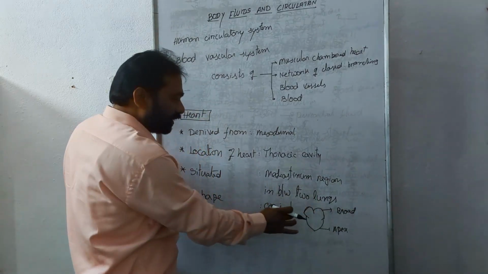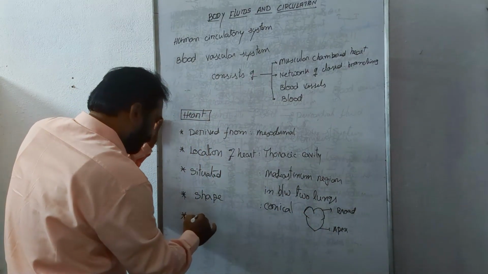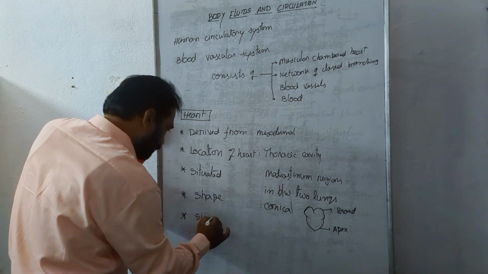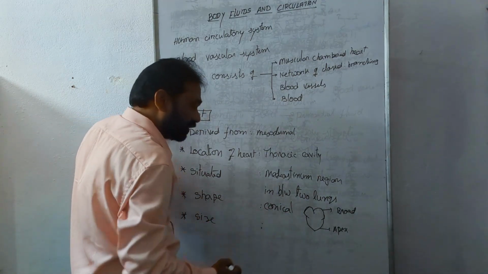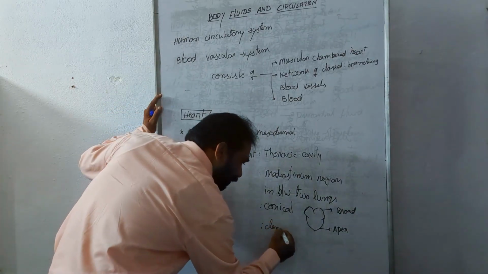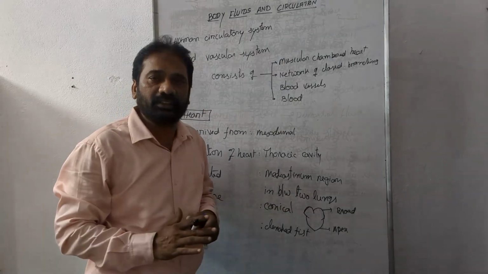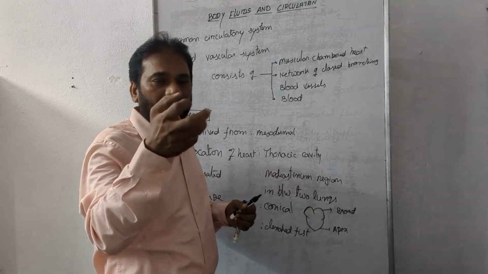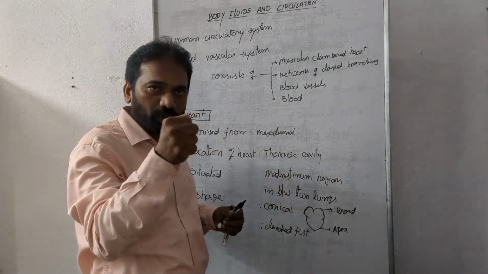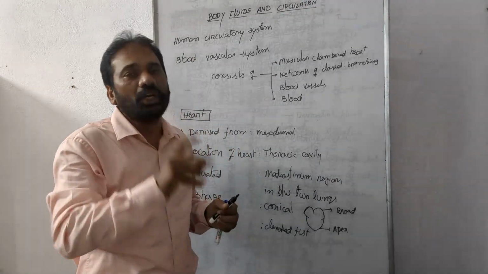So appearance is that conical shape. Then size. The size is clenched fist. Clenched fist size means in our palm, at the time of closing, whichever size is there, that much size of heart.